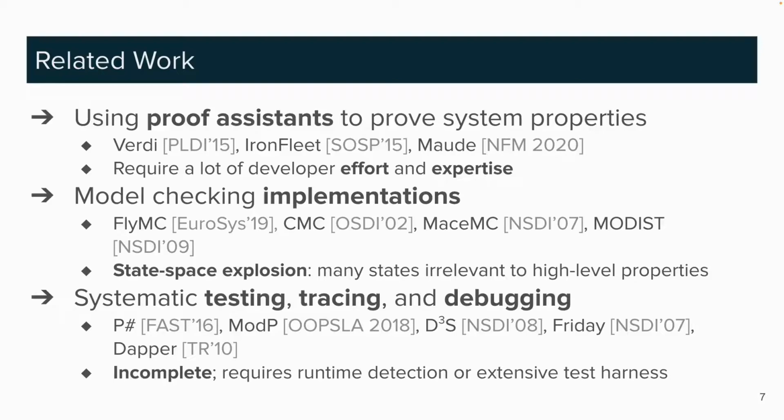And the final group of work tried to use systematic testing, tracing, and debugging. Although these methods can reveal some bugs in the final implementation of a system, they are incomplete in the sense that they cannot actually verify correctness of a system. They can just find specific kinds of bugs.